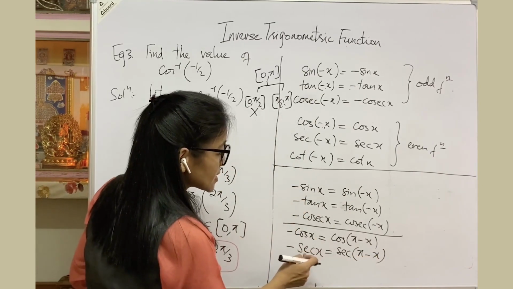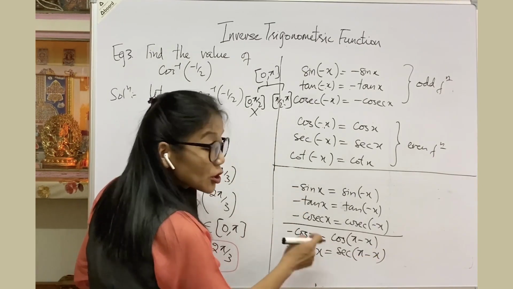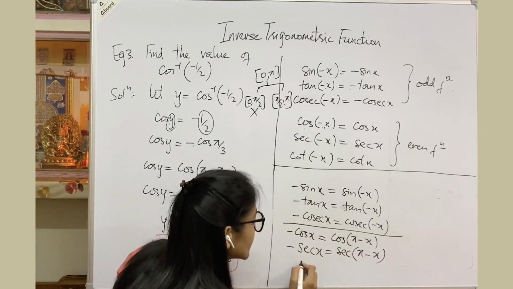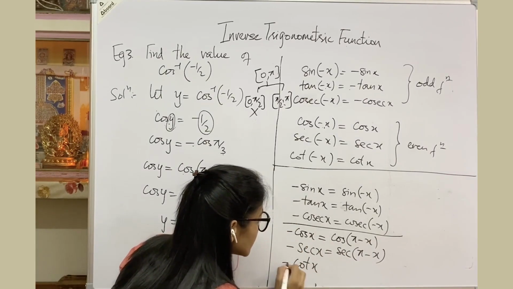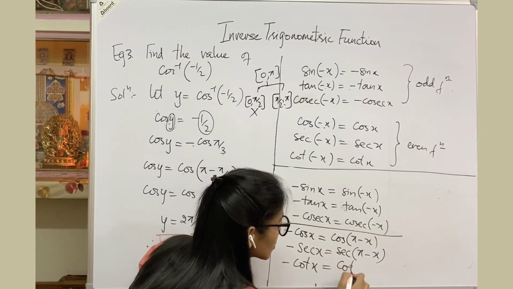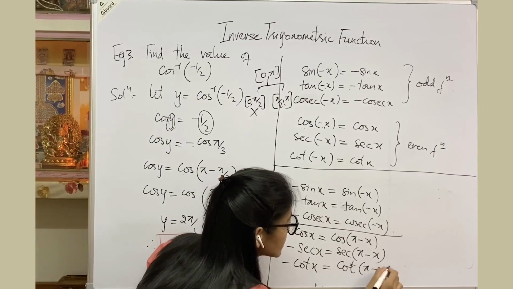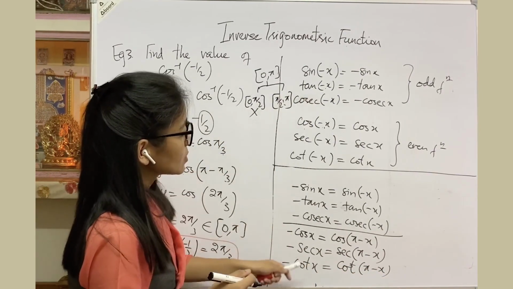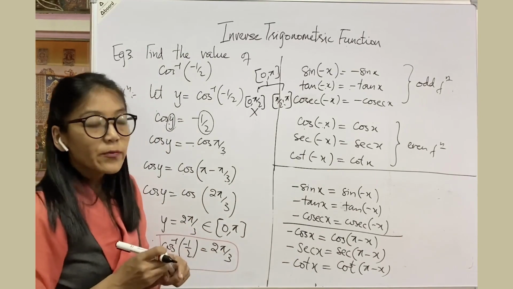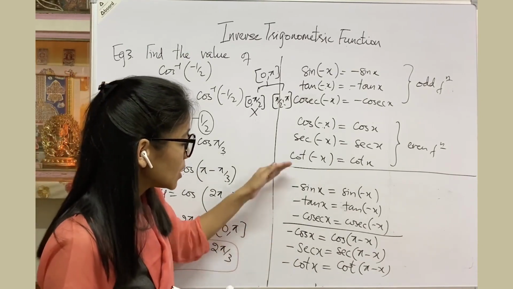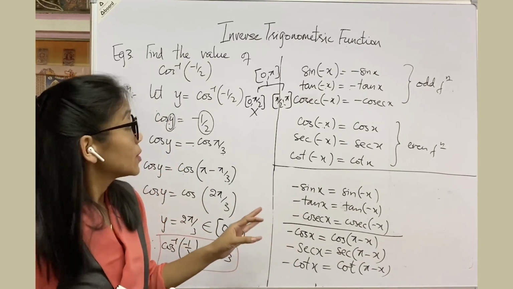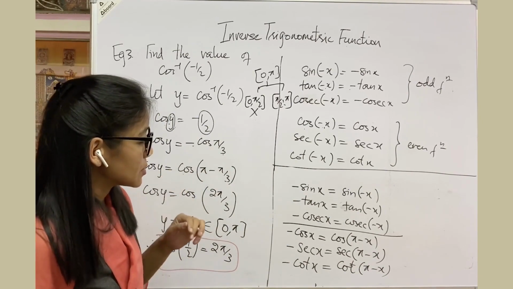You will not take the negative inside. Then similarly for negative cot x, cot of pi minus x. So please note down all these things somewhere in your notebook, because you have to apply this frequently in such type of question.